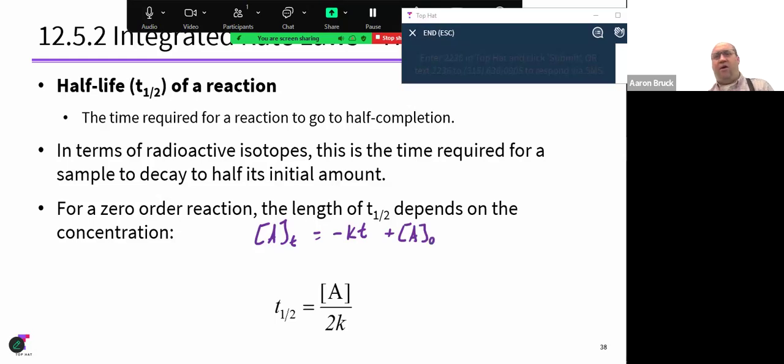There's my integrated rate law for zero order. Now, at half-life, my concentration of A is equal to half of my initial concentration.